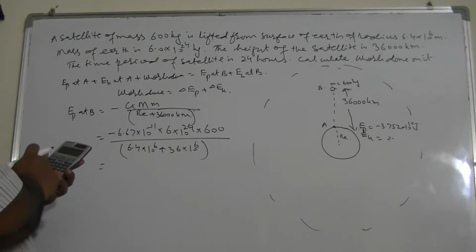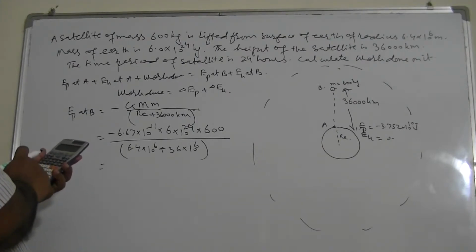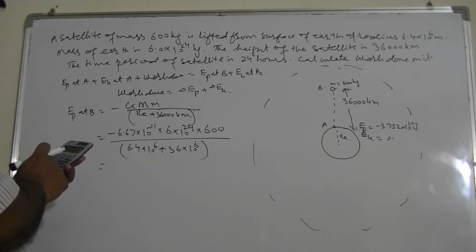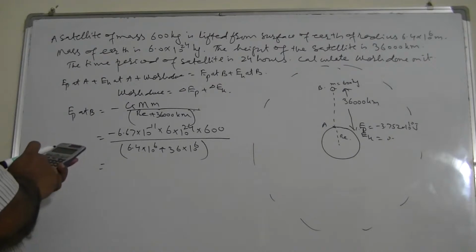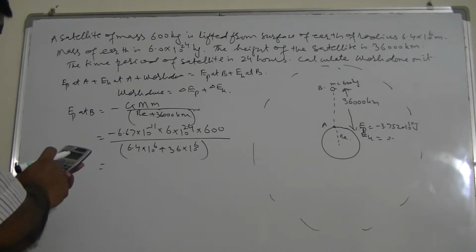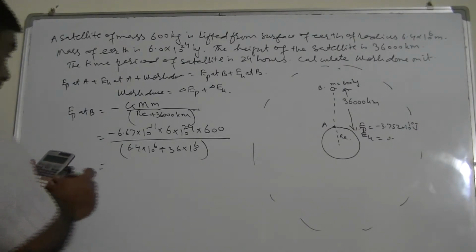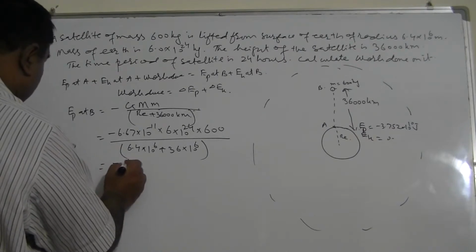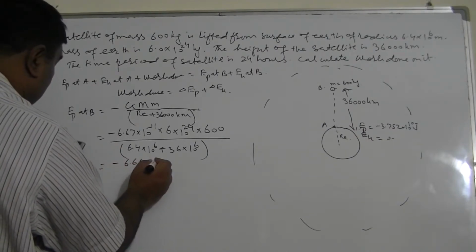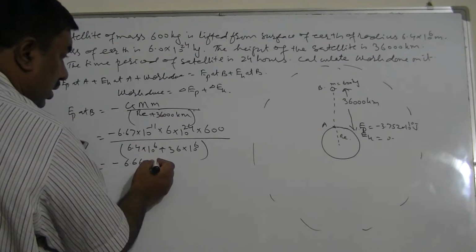It is 6.67 exponential minus 11 into 6 exponential 24 into 600, divided by bracket 6.4 exponential 6 plus 36 exponential 6 bracket over, and it comes out to be minus 6.66 into... that cannot happen.